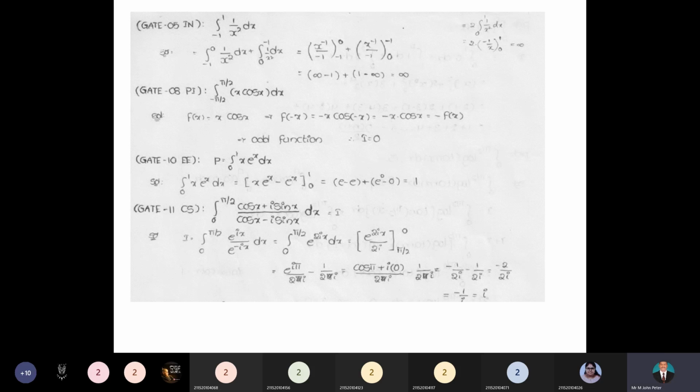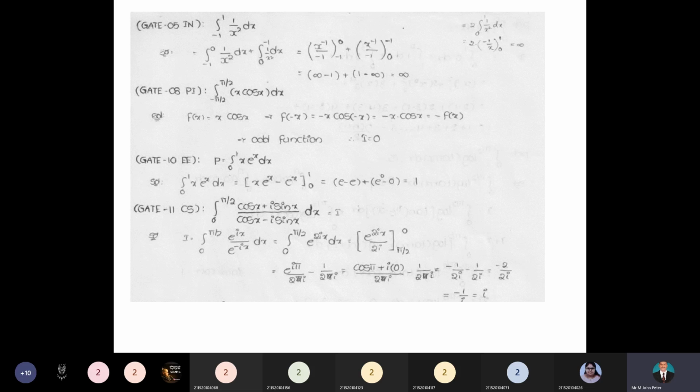So the given function is an odd function. For an odd function, the integration will be zero if the limit is of equal and opposite value. I mean, after integrating, apply the limit.